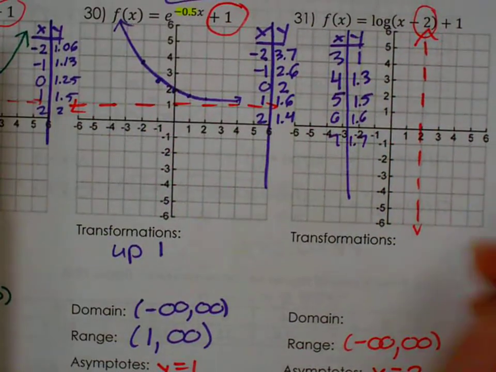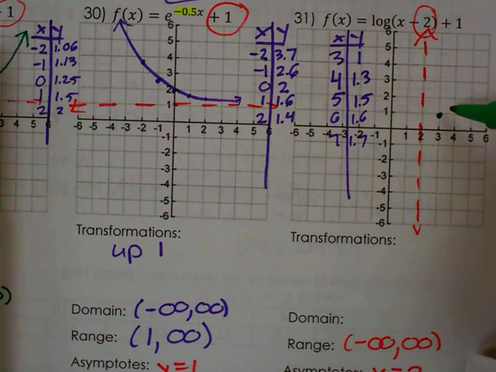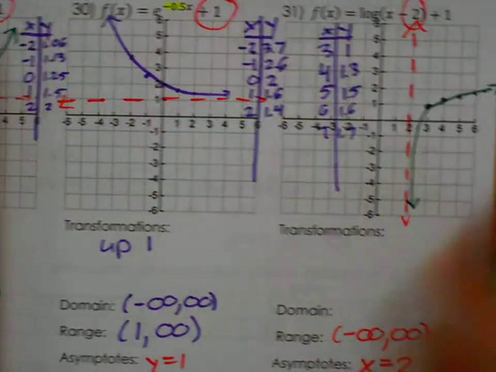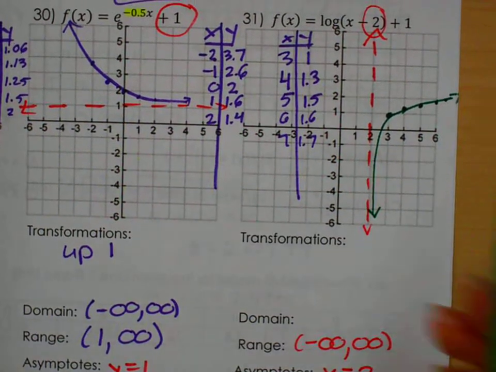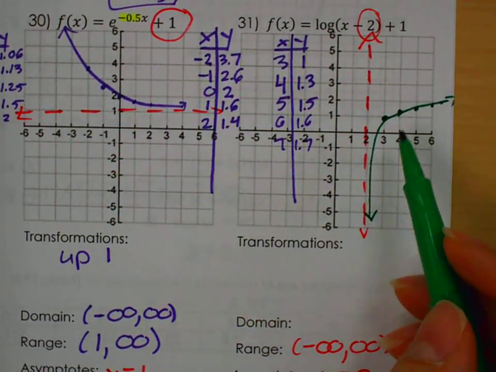Okay, so now let's see. 3, 1 is here. 4 and 1.3, 5 and 1.5, 6 and 1.6. Oh, and then we're kind of off. So there's my graph. In terms of transformations, let's look at my domain.